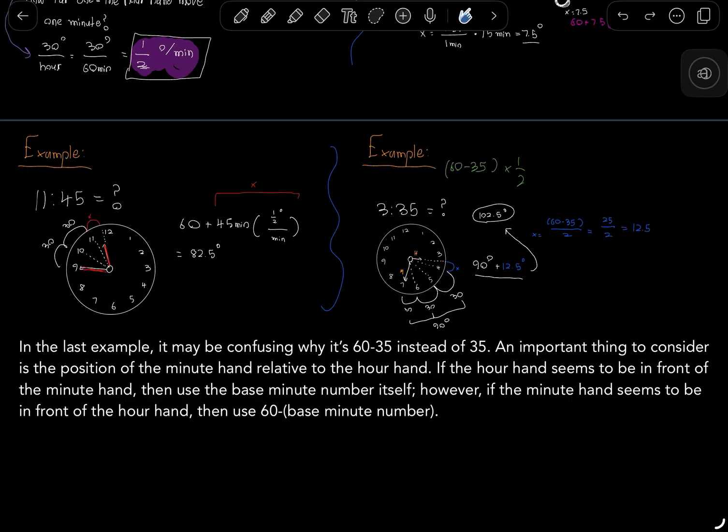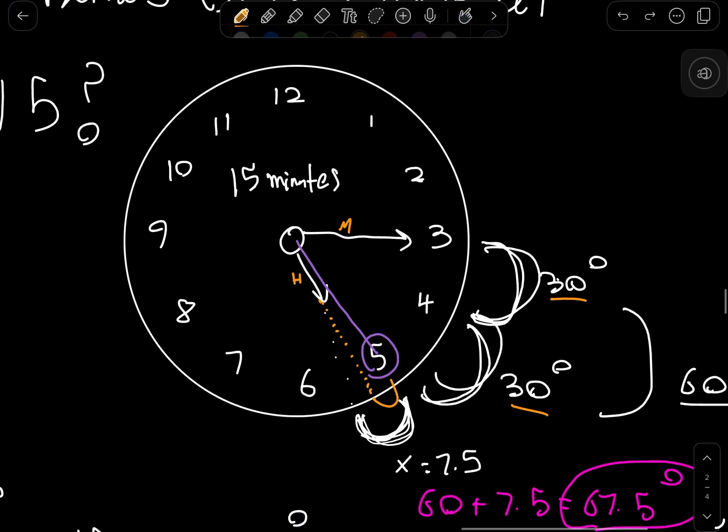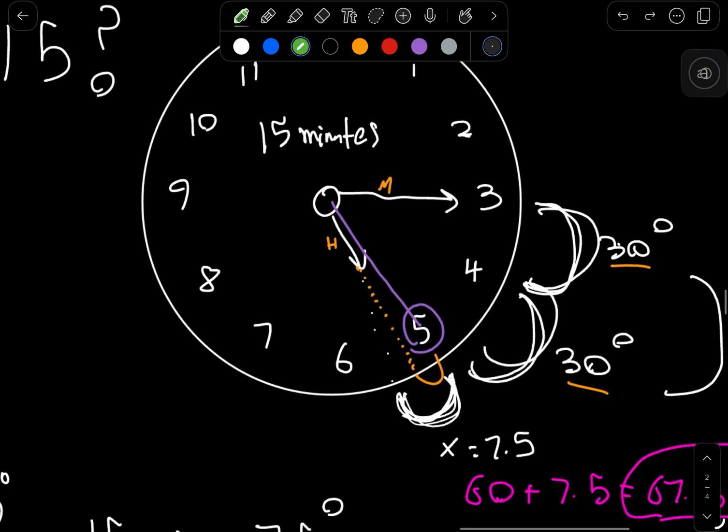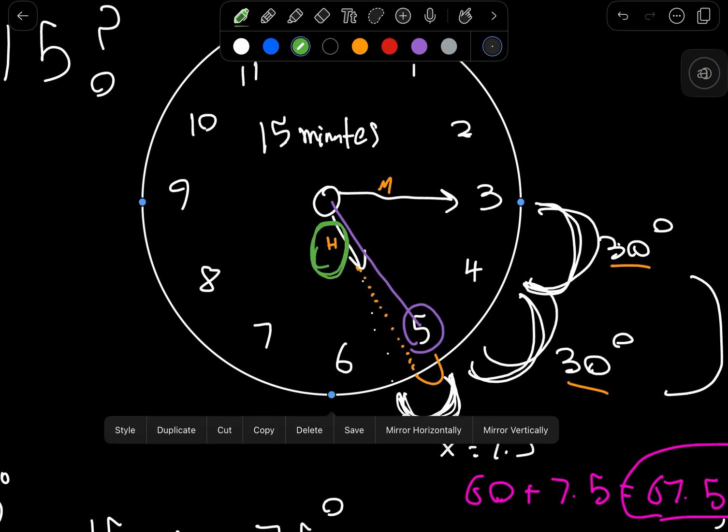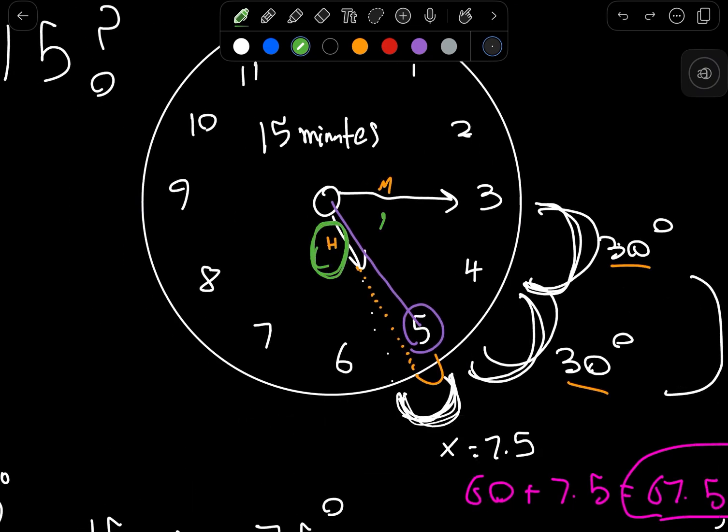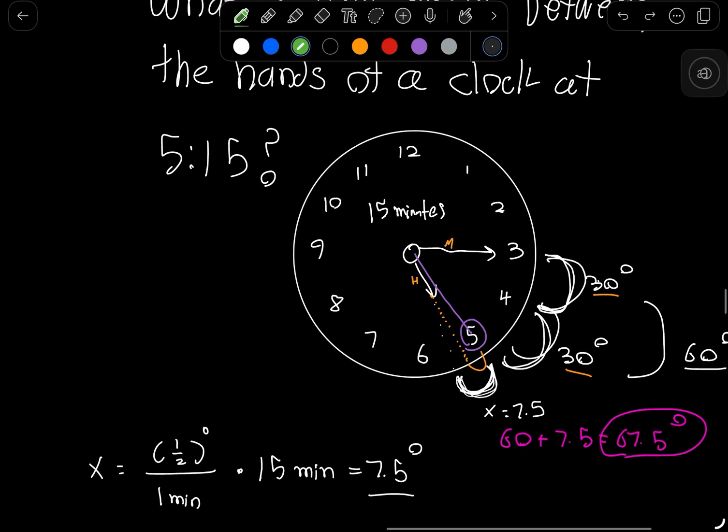If the hour hand is in front of the minute hand, then you use the minute number itself. For example, in the previous problem, the hour hand seems to be in front of the minute hand, so you just do 15 times 1/2.